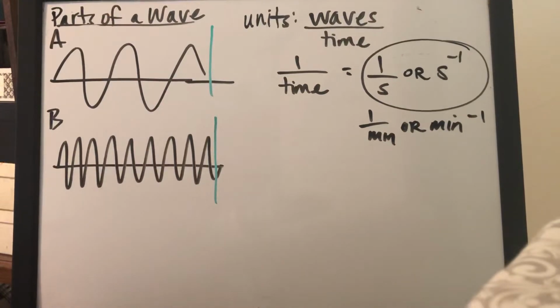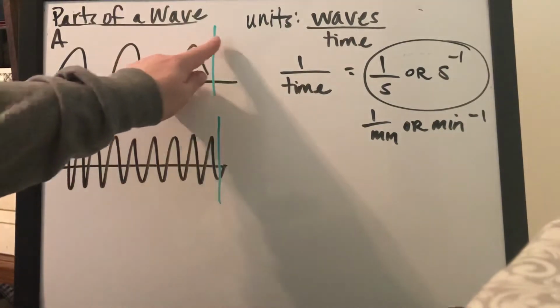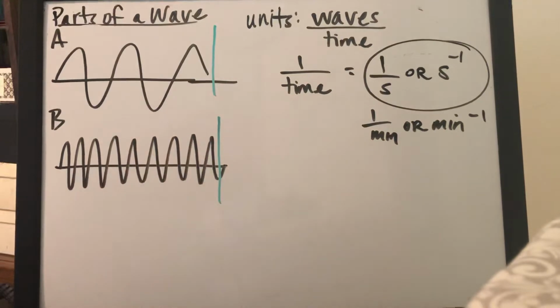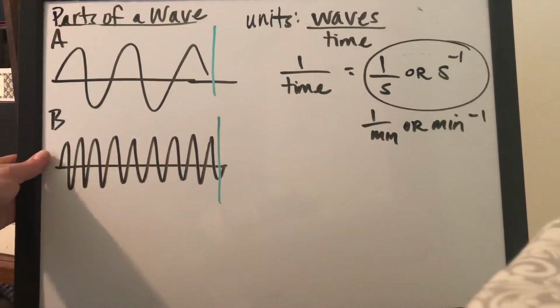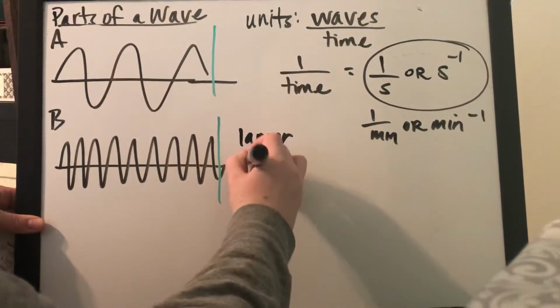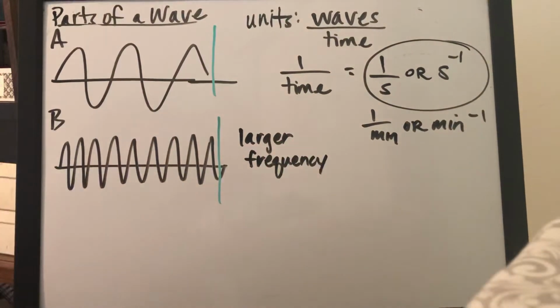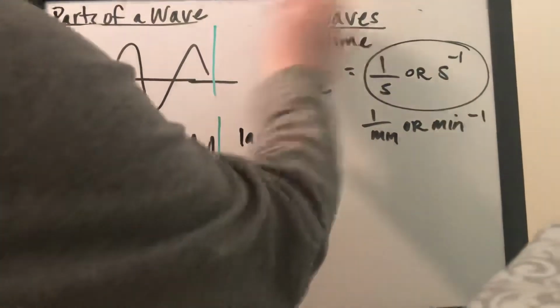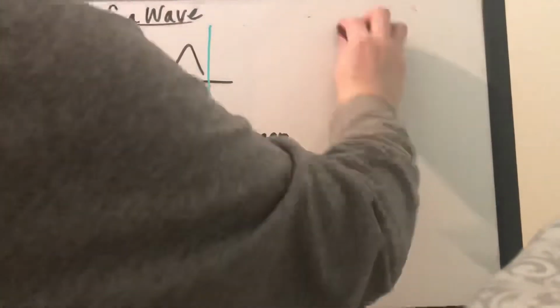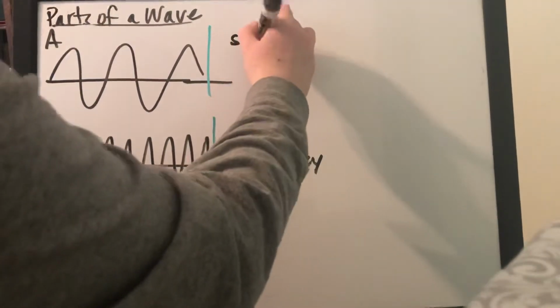Back to my wave picture. If I'm looking at these two waves and at which wave has more crests that pass this point in a given amount of time, the answer is pretty obvious, and that wave would be B. B has a larger frequency, which means A has a smaller frequency.